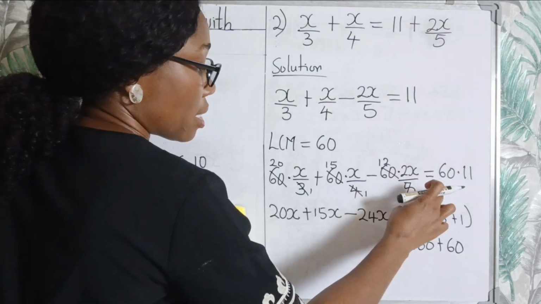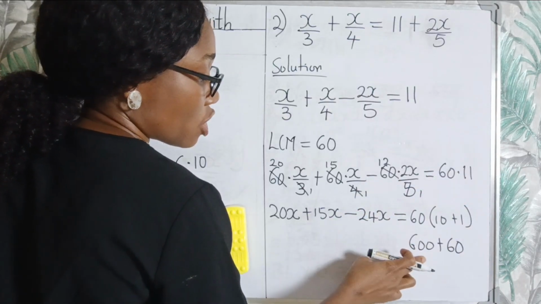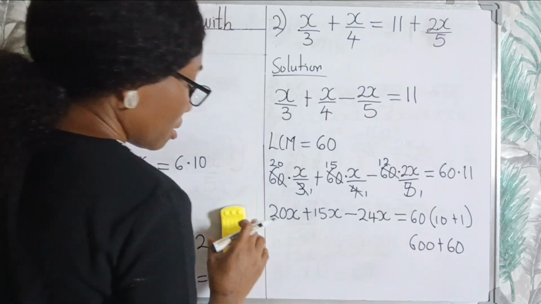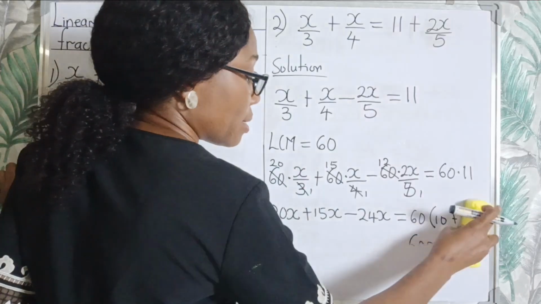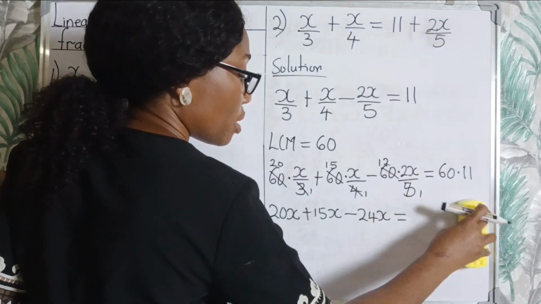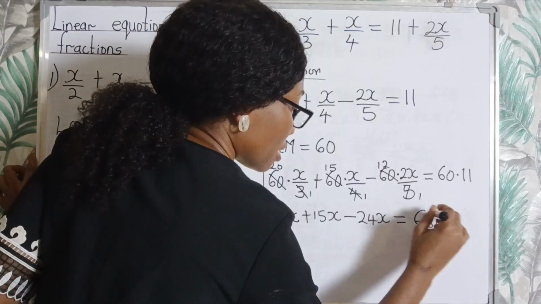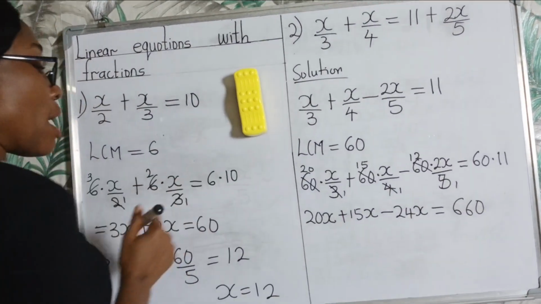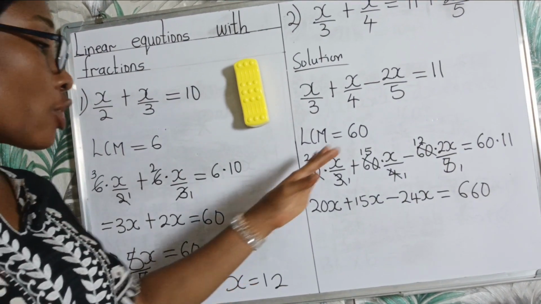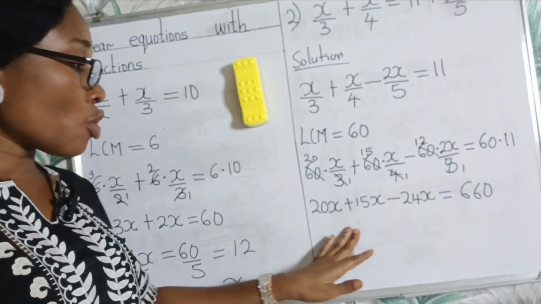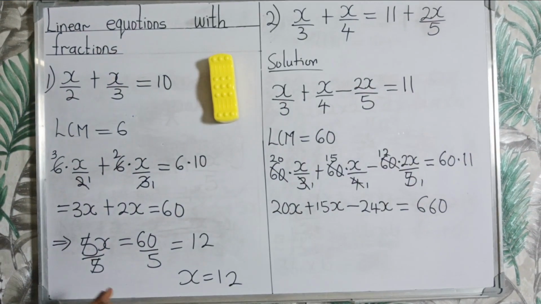So 60 times 11 is 660. So let me just replace 660 over here. Now we have successfully cleared the fractions, so we can now solve our equation.